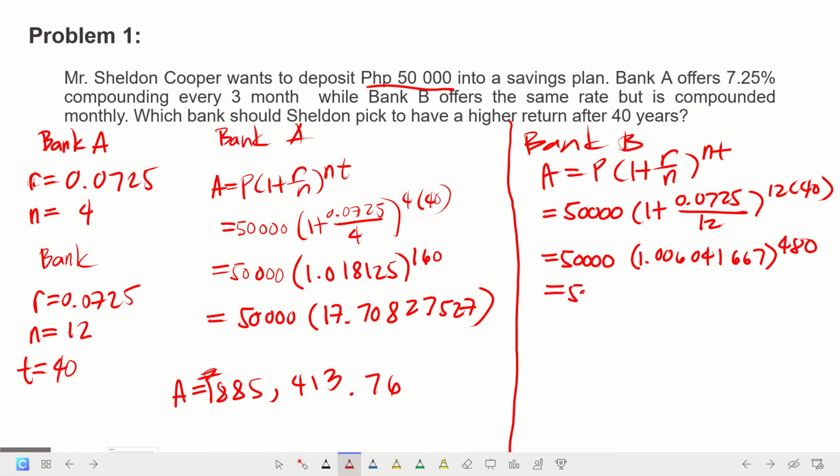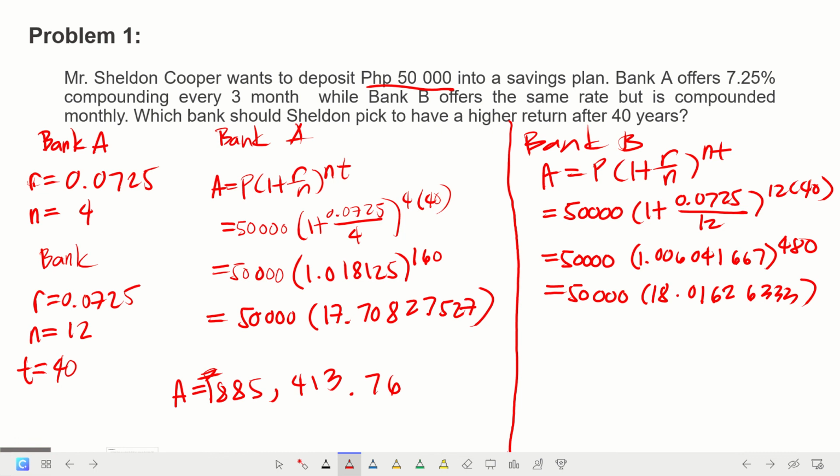So 50,000 times 1.0060416667 raised to 480 is equal to 18.01626333. So again class, mag-round off kayo doon na sa final answer.